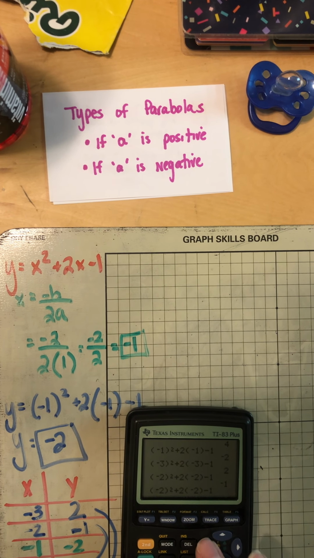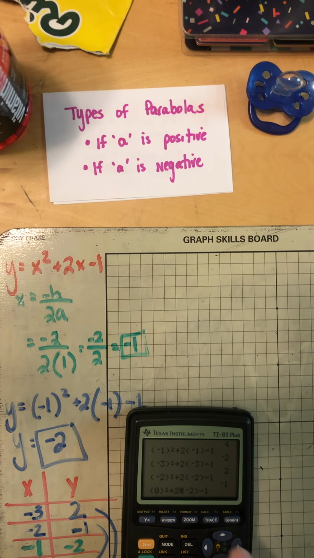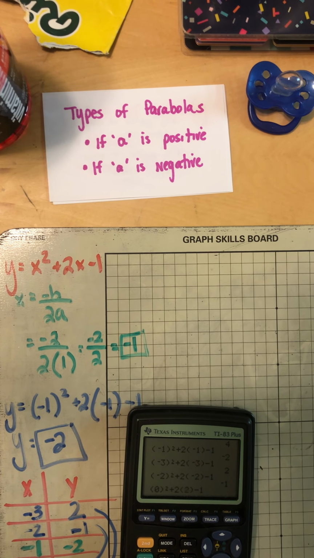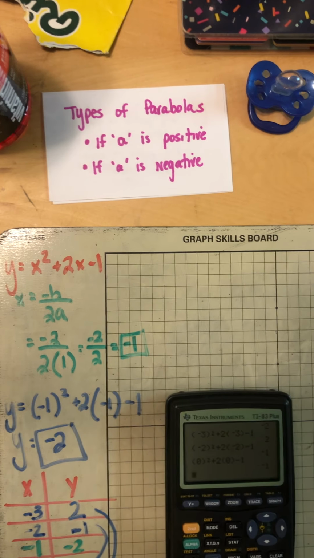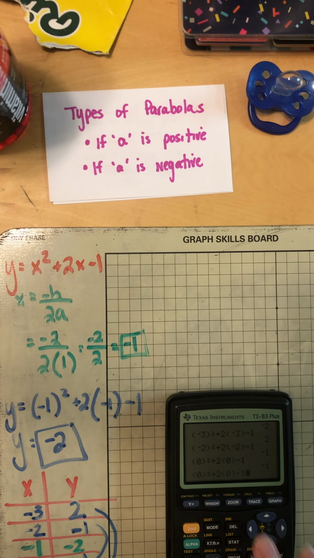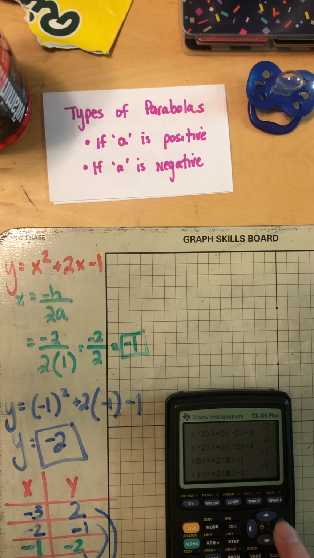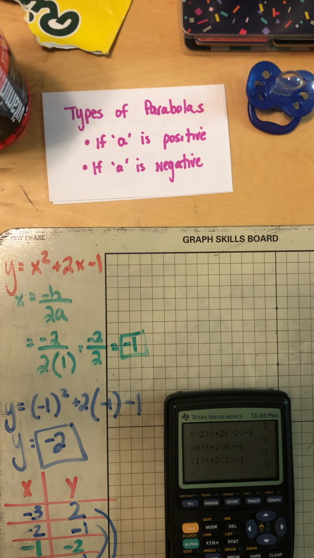So then where you have negative 2, you're going to put 0. So delete that negative and put a 0. Enter, which is negative 1, which is what we thought. And then second enter, where we have a 0, you're going to put a 1. And then 2. Okay, which is exactly what we thought.